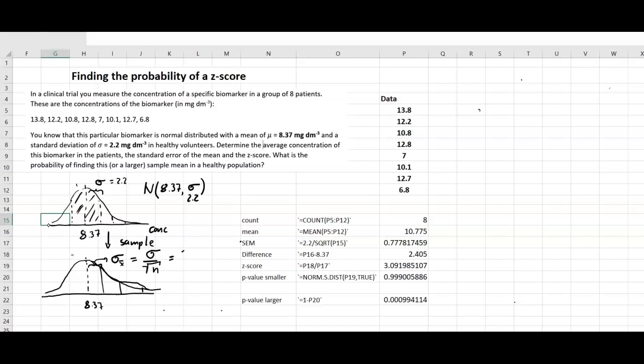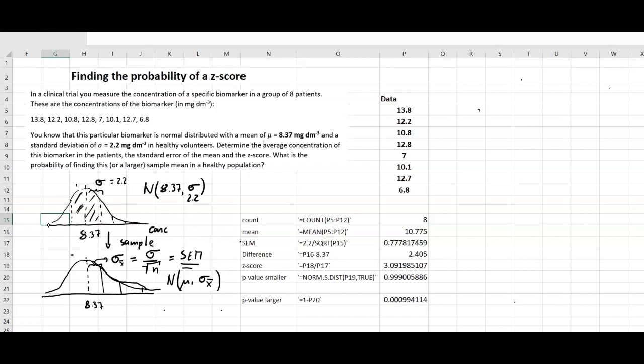And this is also referred to as the standard error of the mean. So this would be much smaller than in the case of the original normal distribution. So again, we've got a normal distribution with mu, but this time the distribution is with this standard error of the mean.